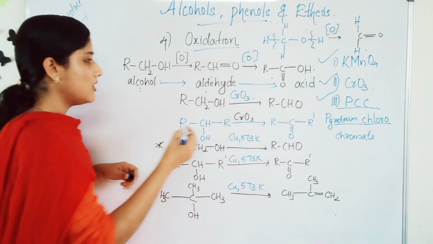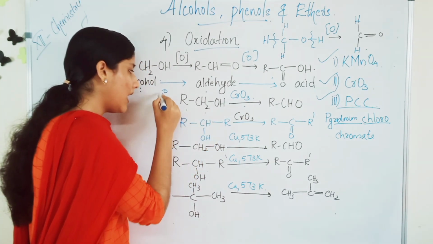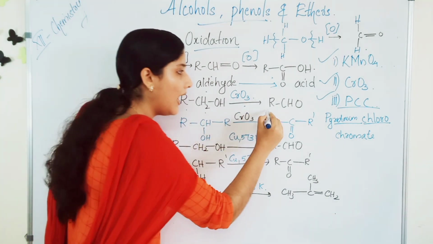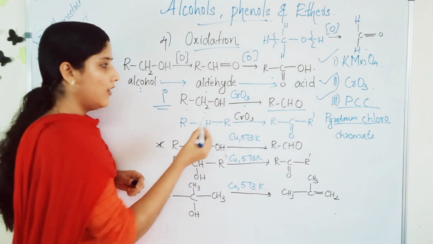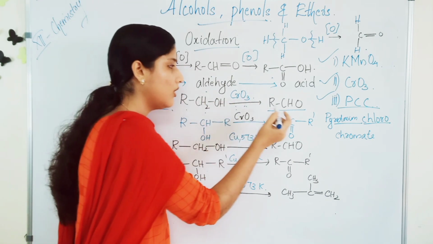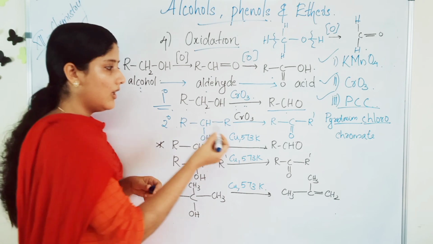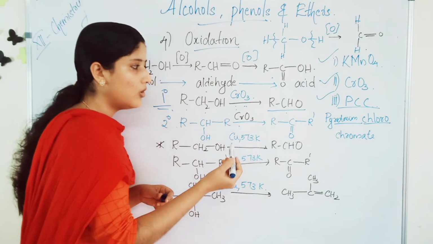Using chromium trioxide, RCH2OH, a primary alcohol, oxidizes to aldehyde. Note down, when we are using chromium trioxide, primary alcohol oxidizes to aldehyde, and secondary alcohol oxidizes to ketone.